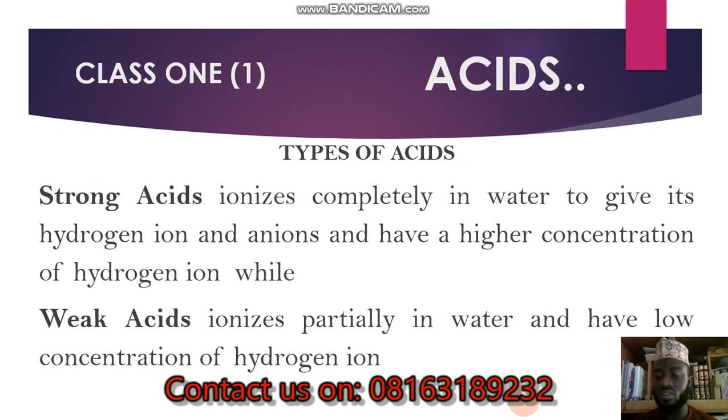Remember, we discussed the classes. Now we're talking about the types of acids. The way you have two classes of acids, we also have two types of acids. These types include strong acids and weak acids.